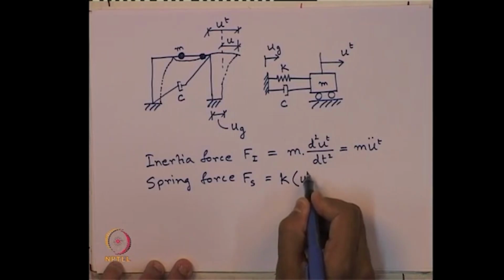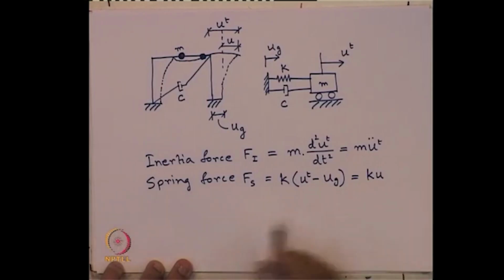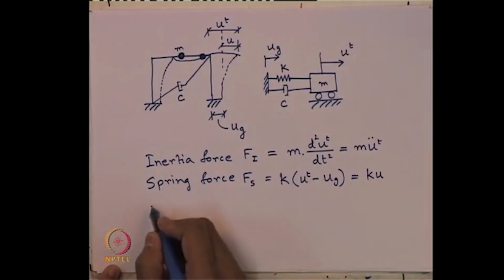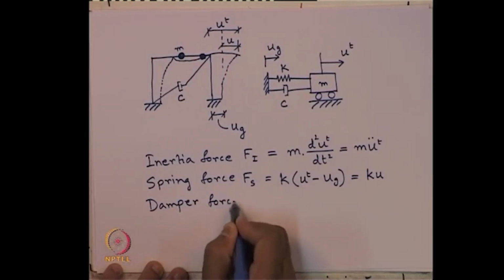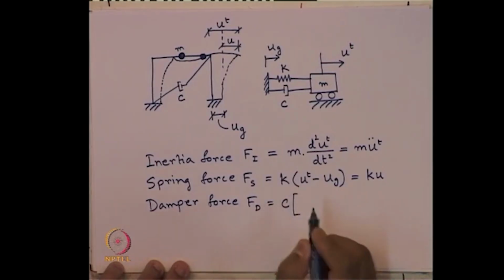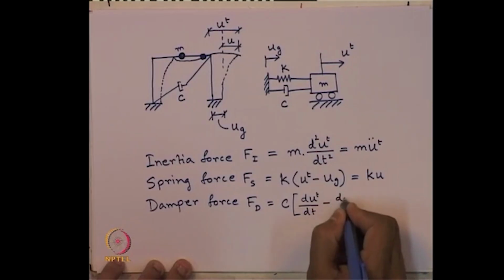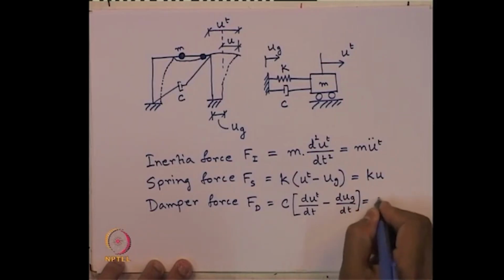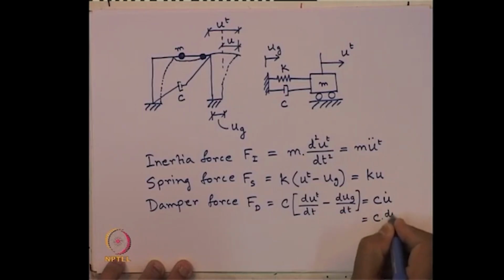What is relative displacement? u t minus u g, which is u. So F s is K times u. And what is the damper force? The damper force F d is C times the relative velocity, d u t d t minus d u g d t, which we can write as C u dot, which is nothing but C d u d t.